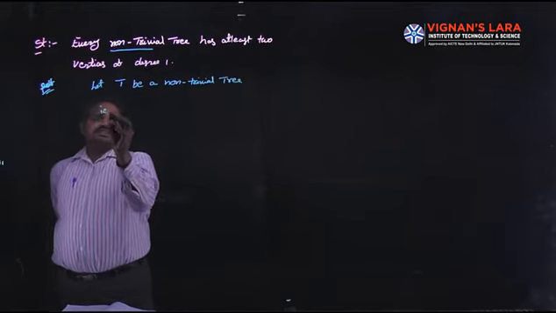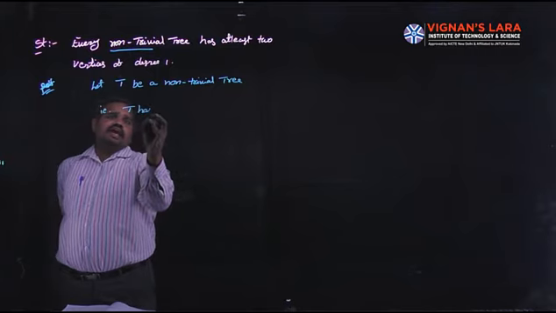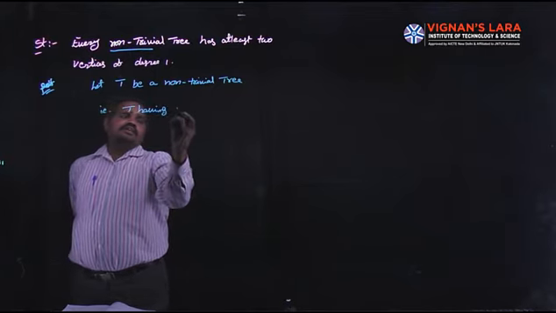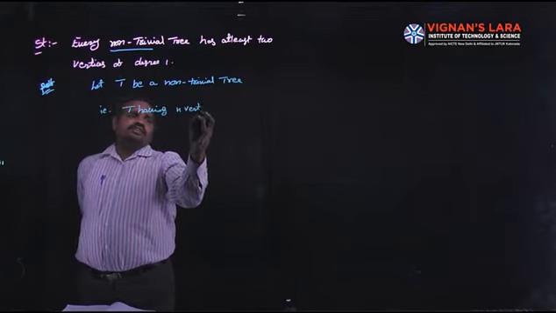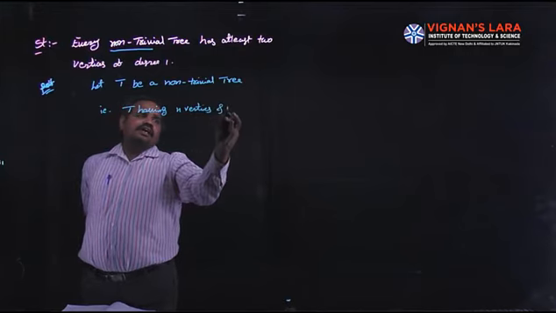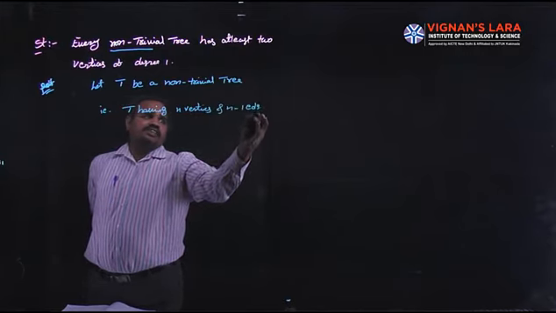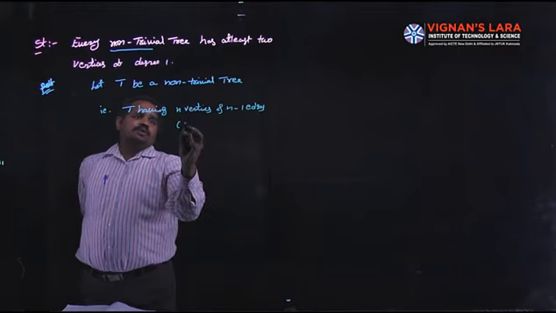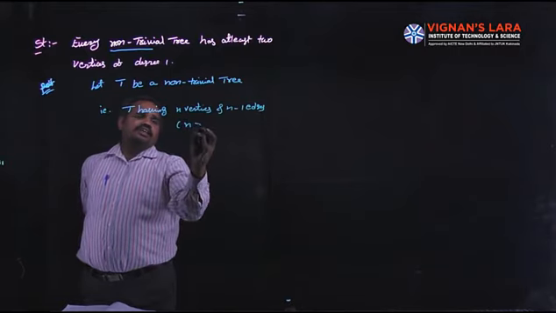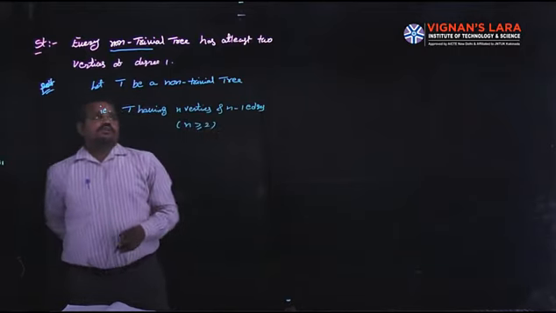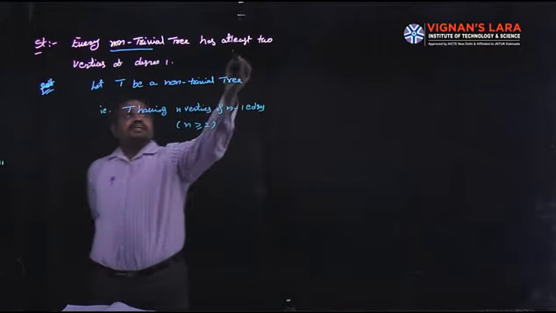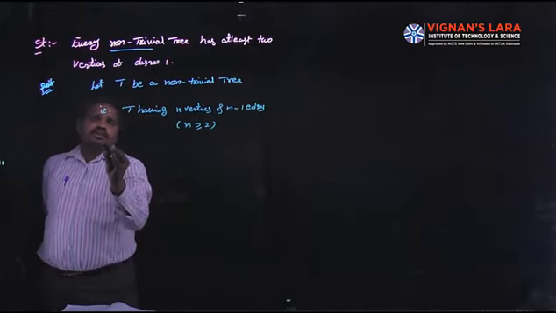That is, T has n vertices and n minus 1 edges, provided that n is greater than or equal to 2. Here we have to show that there are at least two vertices of degree 1.